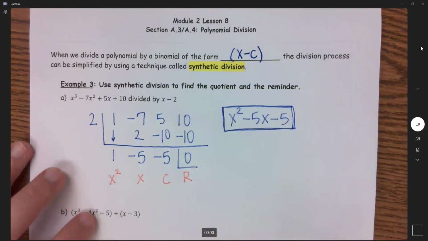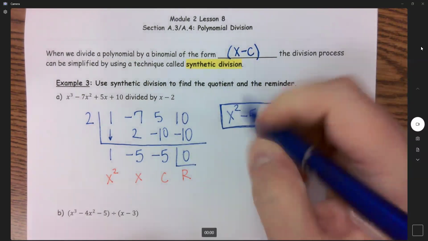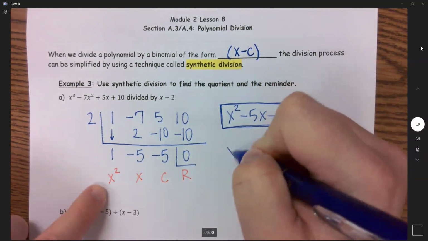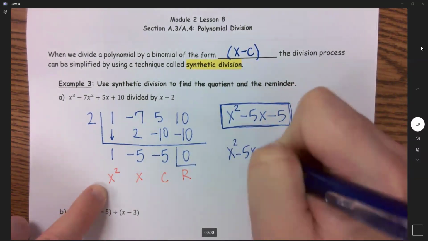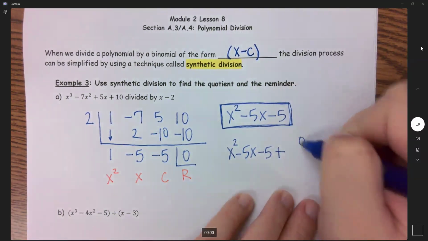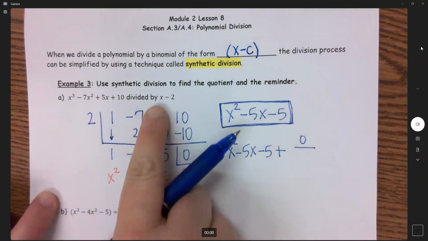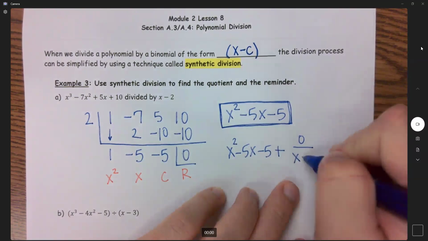Now, my math lab, I am pretty sure, and I probably should have checked before I made this video, still wants your answers in the form of a remainder over divisor. So we would have to write x squared minus 5x minus 5 plus 0 over x minus 2.